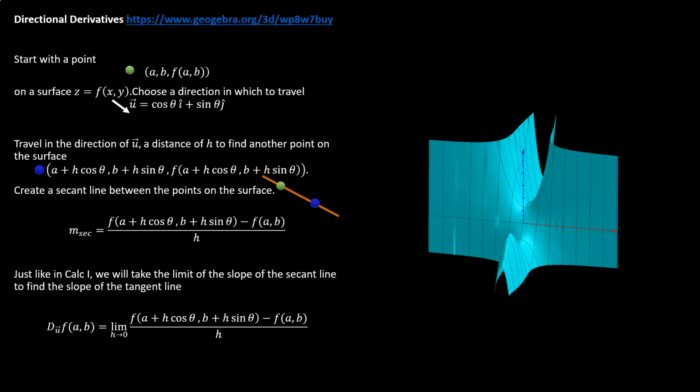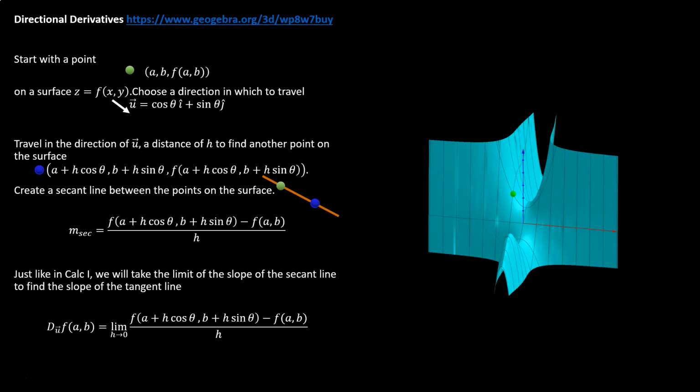The first thing that we'll do is start with a point on our surface. So you see I've added a green point onto our surface. And then we're going to choose a direction for us to travel in. This direction vector is going to be given in the domain. So this vector is a 2D vector because our function f has two inputs, x and y.